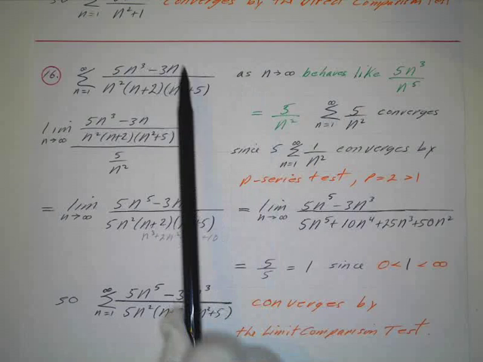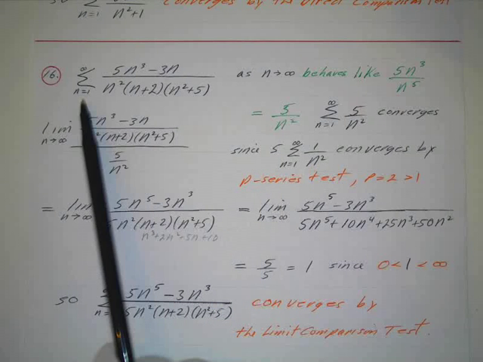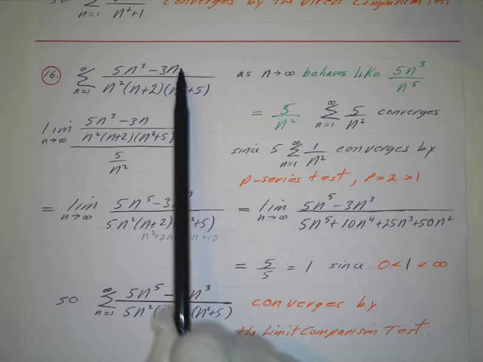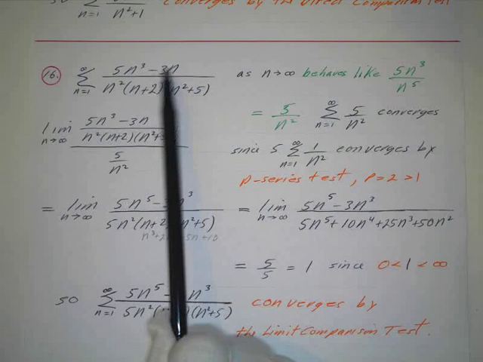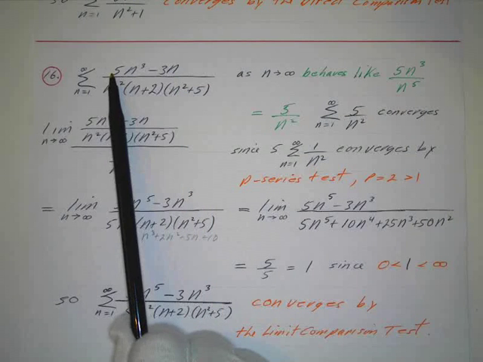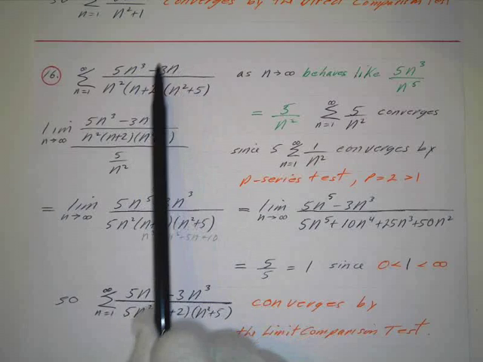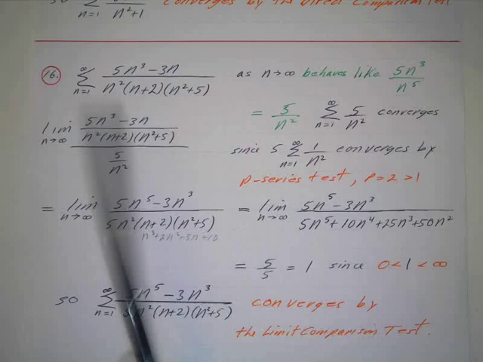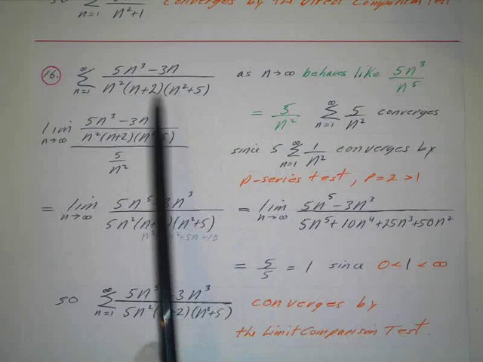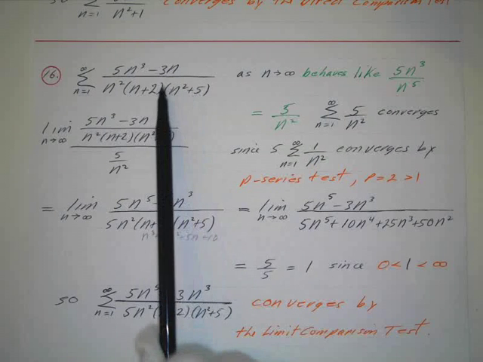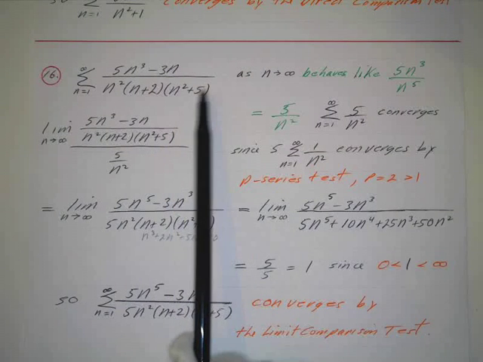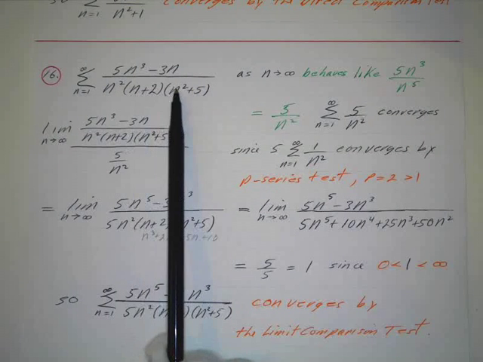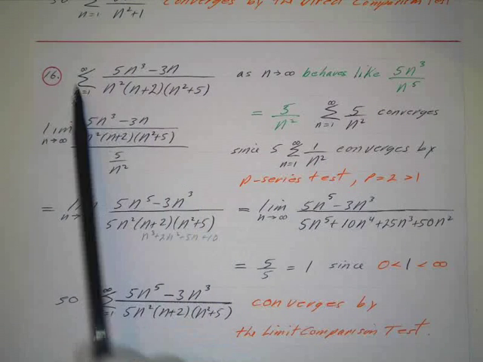Now, if we look at all the terms, we can see how this behaves as n approaches infinity. All these smaller terms, these lesser things, will diminish. This will be like 5 n to the third. The 2 won't be very significant, and the 5 won't be very significant, so we can think of the denominator as n squared times n squared, which is n to the 5th.